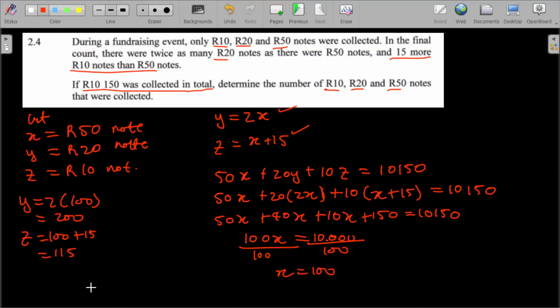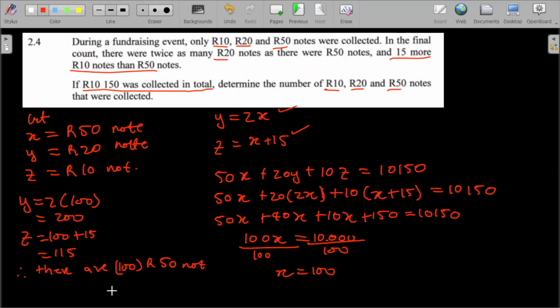Now, if I can conclude, I can say that there were 100 50 Rand notes.